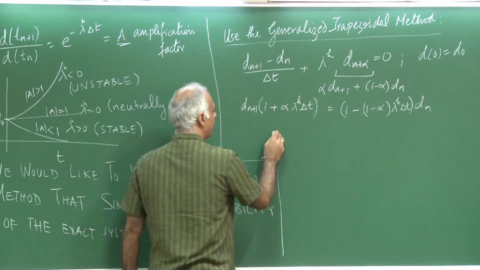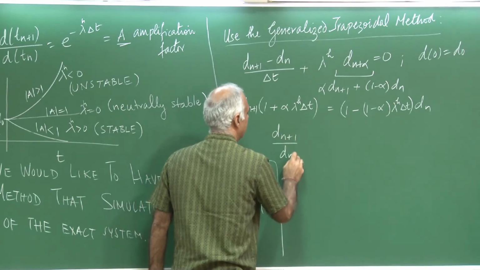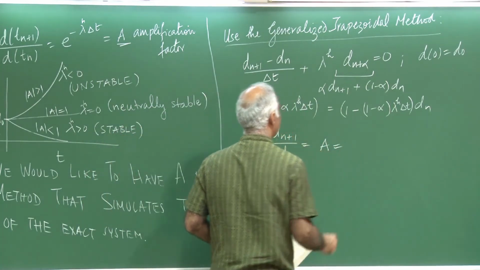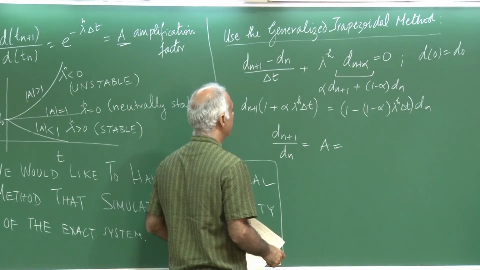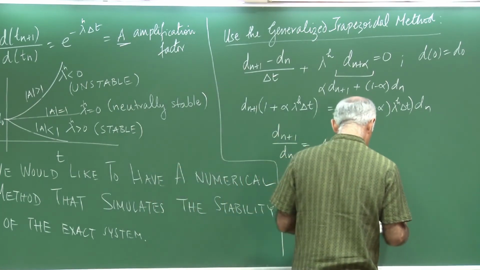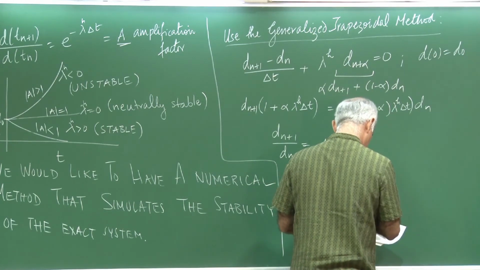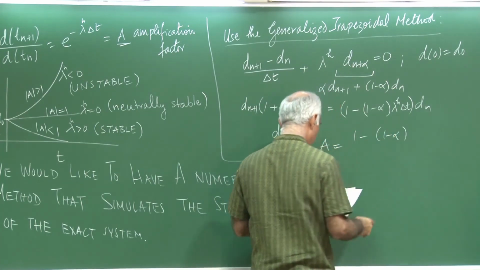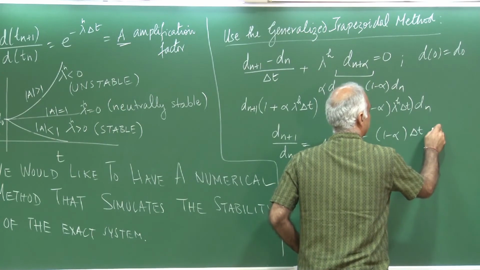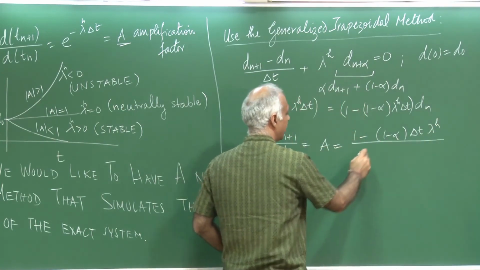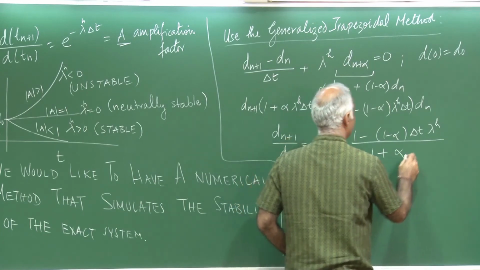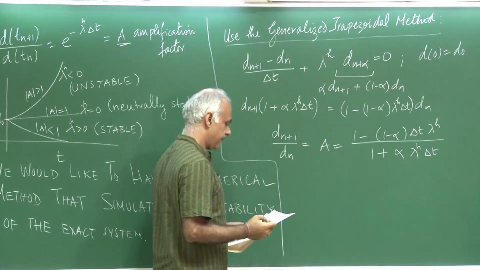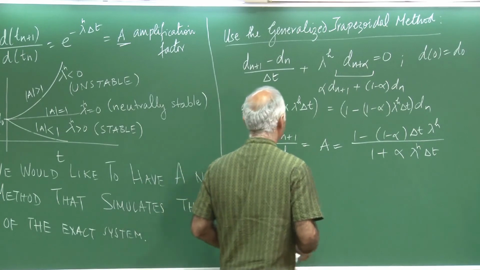I can now work out what is d n plus 1 by d n, which is actually my amplification factor, and this you can see is going to be simply 1 minus alpha lambda h delta t divided by 1 plus alpha lambda h delta t. Let me call this equation number 3.